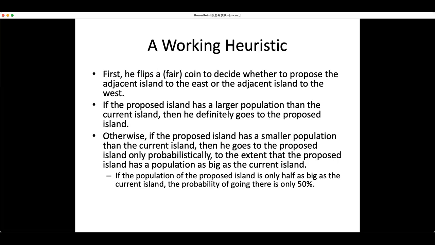If the population of the proposed island is 30% of the current island, then the probability is going to be 30%, something like this.